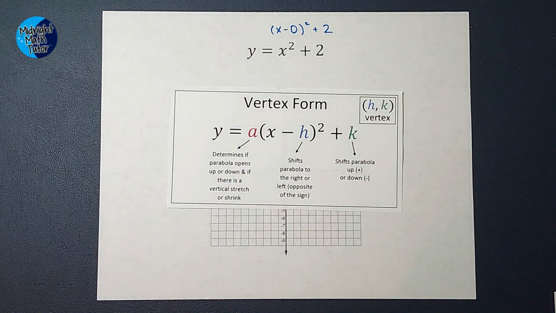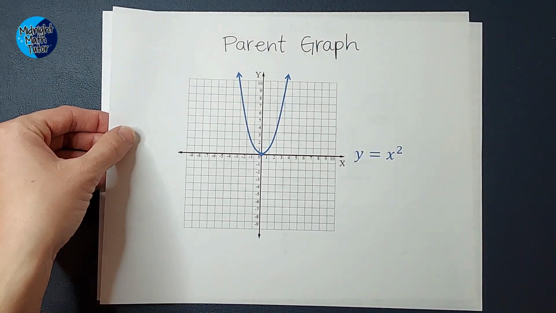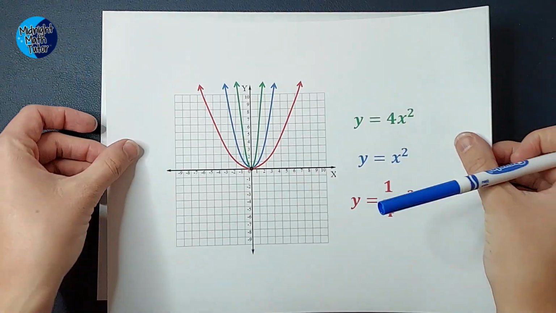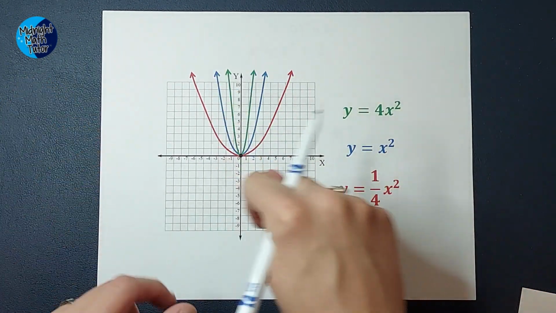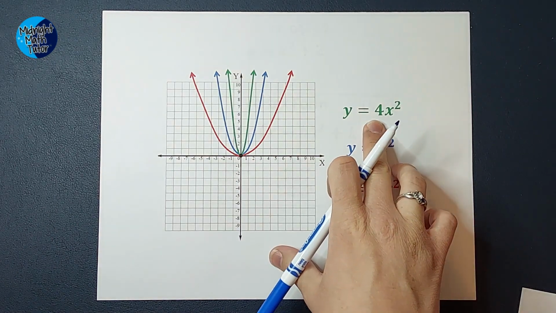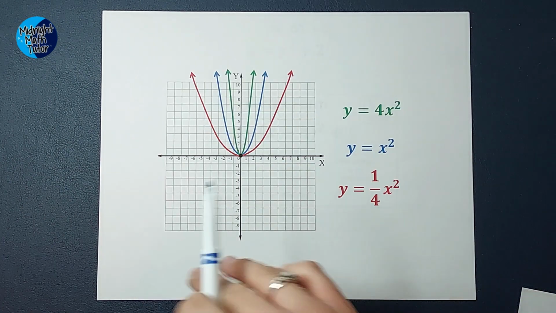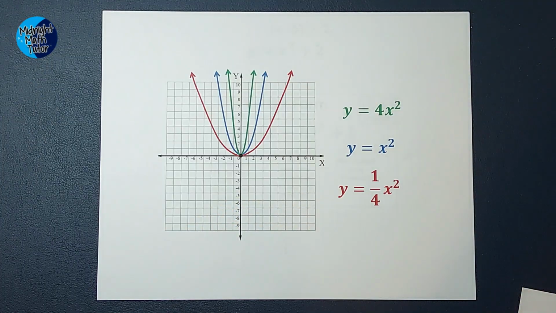And then if it is a number or a fraction, it affects the graph, okay? So remember my parent graph here, okay? And then I'm going to show you this. So this blue is that same parent graph I just showed you. If you look at the green, there's a 4 out front, and you see how the parabola for that equation is a lot taller and skinnier, you could say.